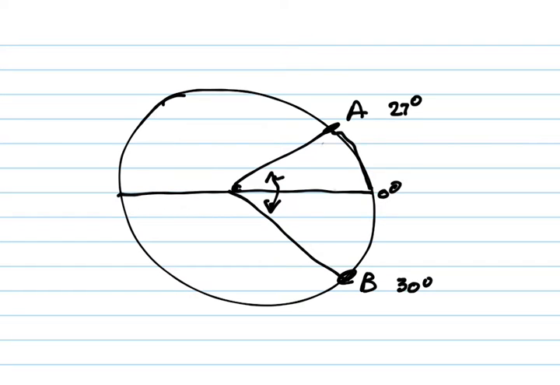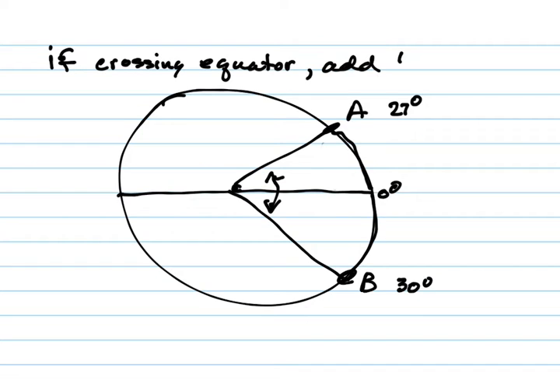I've got 27 up there and 30 down there. So if you're crossing the equator, add the numbers. It's simply 27 degrees plus 30 degrees, so 57 degrees. So the whole angle I'm looking for is 57 degrees, and my multiplier stays the same.